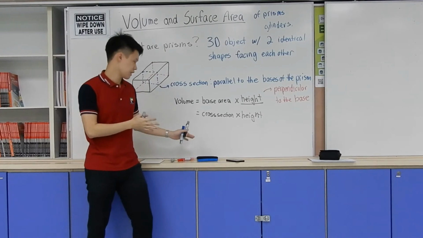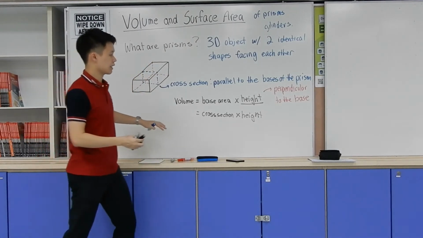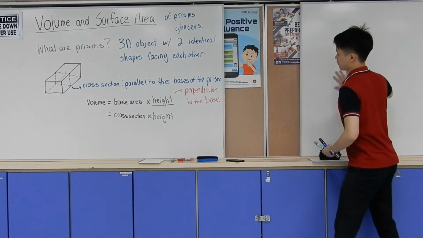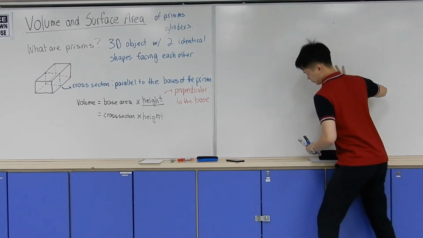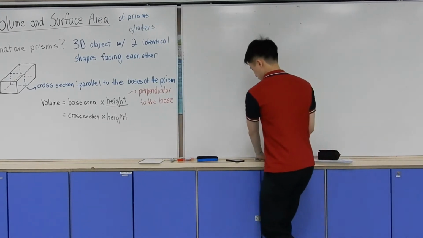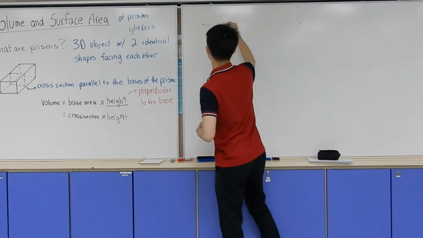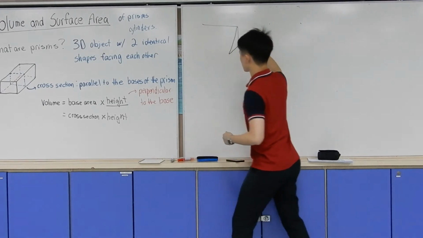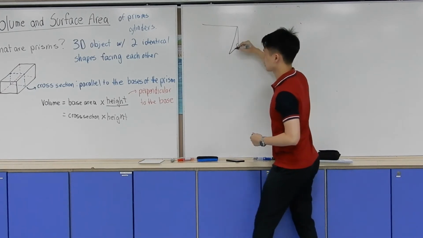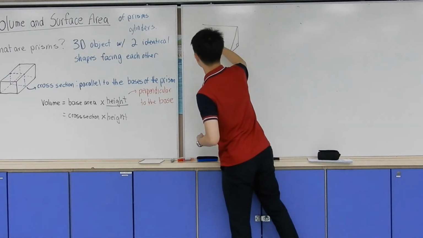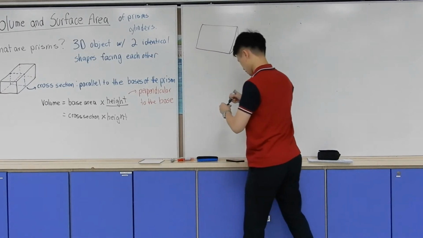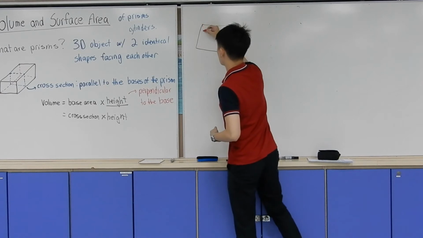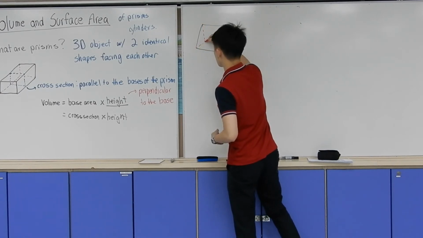With that being said, let's look at a different kind of prism. I'm going to draw it here. It should look something like that. This is a triangle with a right angle, and the back of it looks very similar.